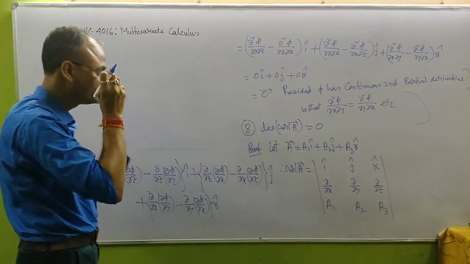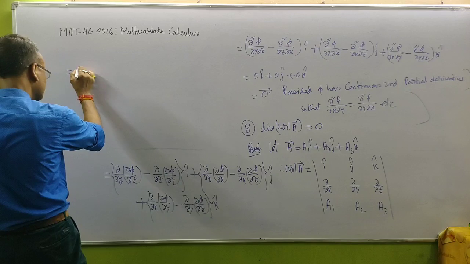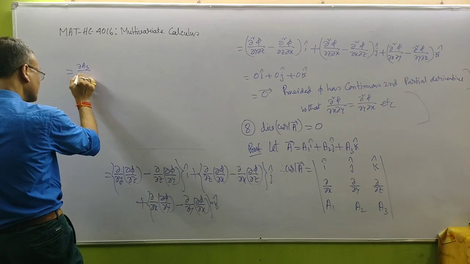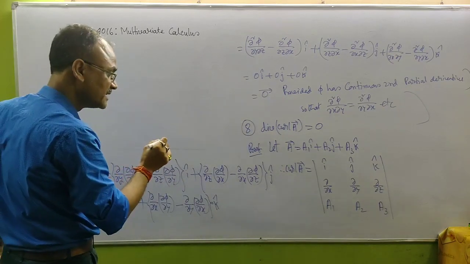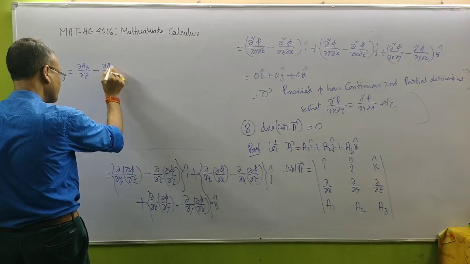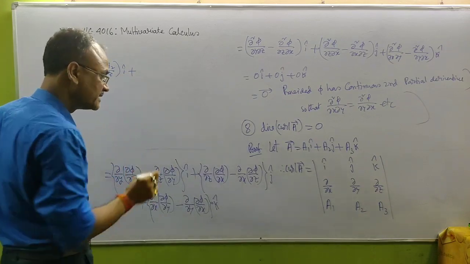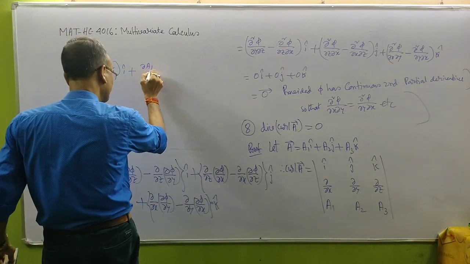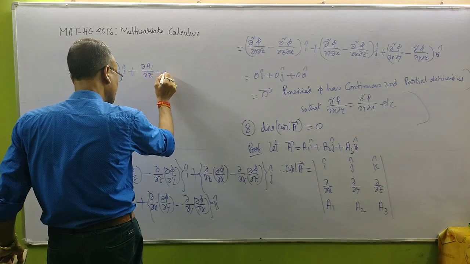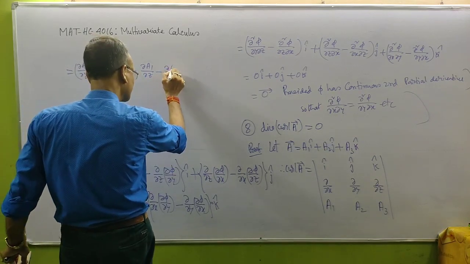This is equal to (∂A3/∂y − ∂A2/∂z) i cap plus (∂A1/∂z − ∂A3/∂x) j cap.